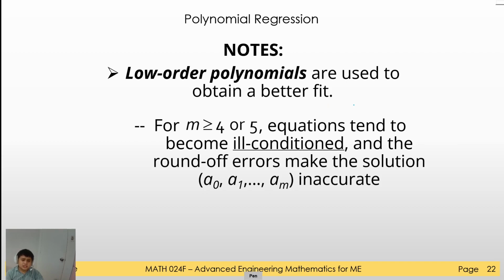The simplest definition of ill-conditioned is that for a small change there is a wild sensitivity. The sensitivity is high, so the accuracy will be compromised for higher order polynomials. So usually we stay below fourth order, and just use third or second.